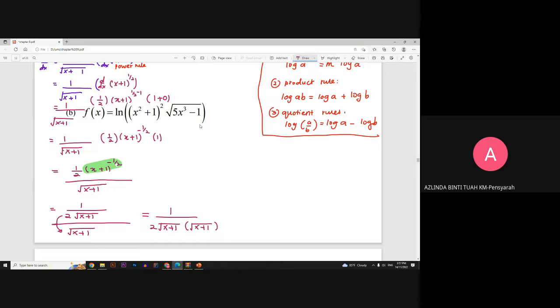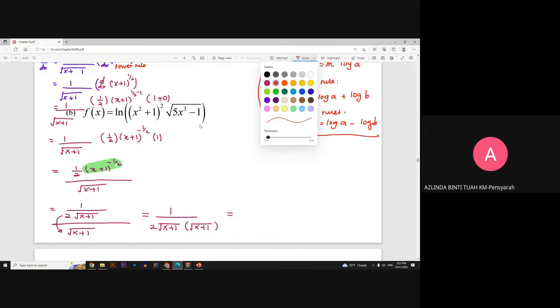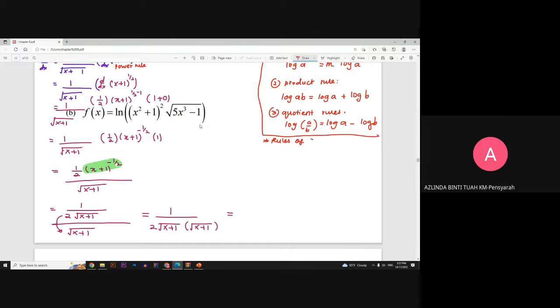And then, I'm going to combine this square root with this square root by applying rules of square root. Sorry, square root of A times square root of A, they are the same thing, is equal to A. Okay, so here, it becomes 1 over 2 square root of A times square root of A, which is the same thing, so x plus 1. That's the answer.